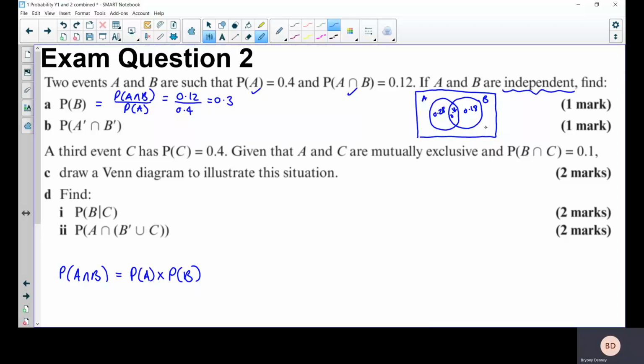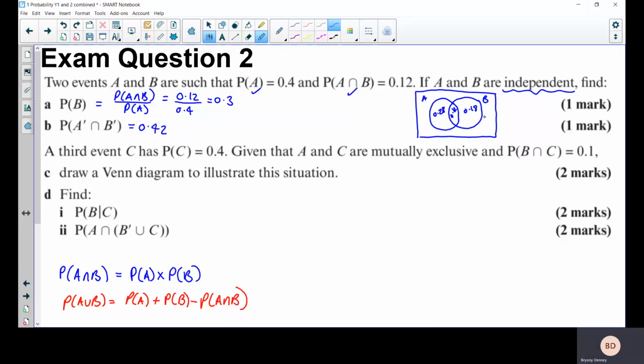You could also find the union through a probability rule. Remember, the union is the probability of A add the probability of B minus the probability of intersect, and we've got all that information now, so you didn't have to draw a Venn for that one if you didn't want. Either way, the answer is going to be 0.42.